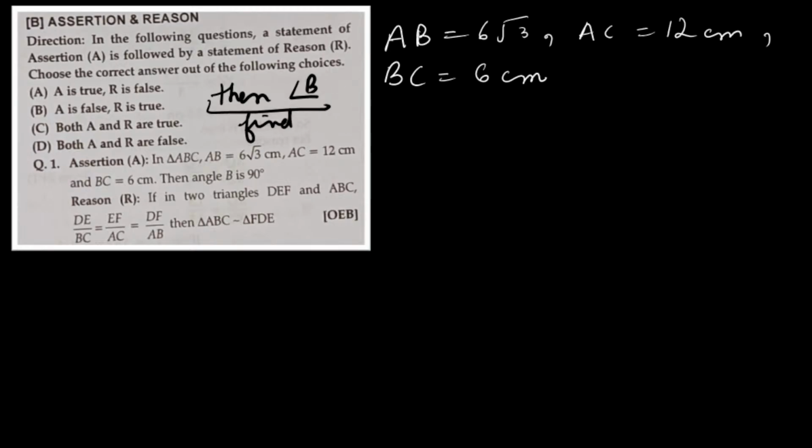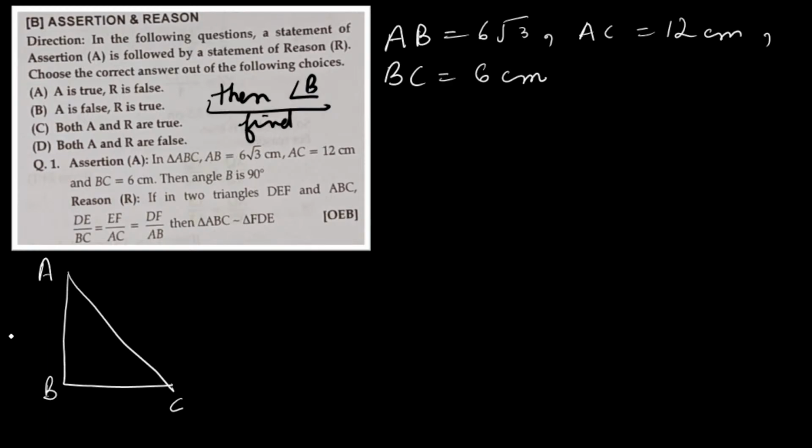So how to check whether a particular angle is 90 degrees, or how to check that a triangle is a right angle triangle? Suppose this is the triangle ABC. As of now, I don't know that angle B is 90 degrees.